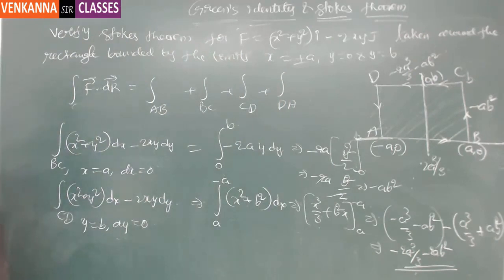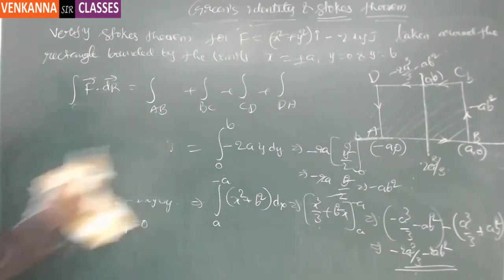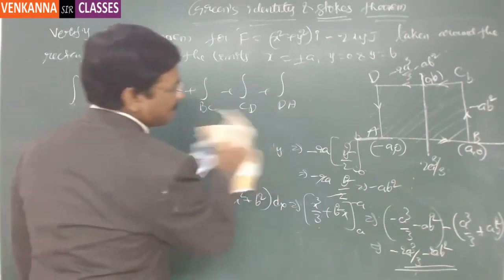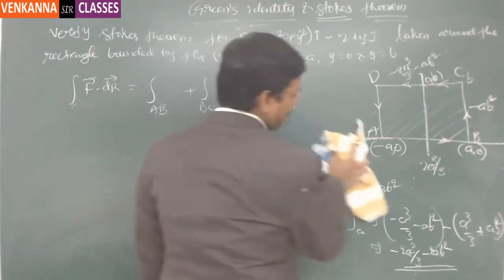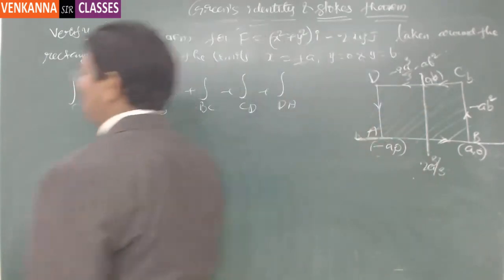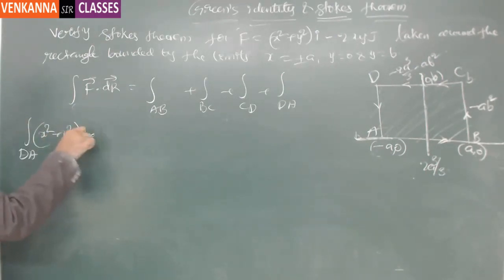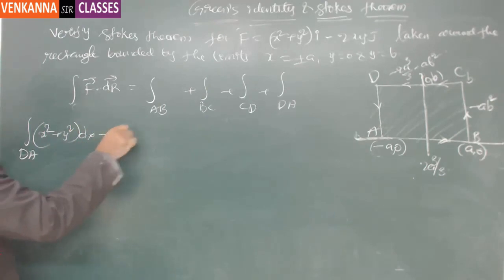And similarly, the fourth line integral. The last line integral is the integral of f dot dr over the contour DA, which is (x square plus y square) dx minus 2xy dy.